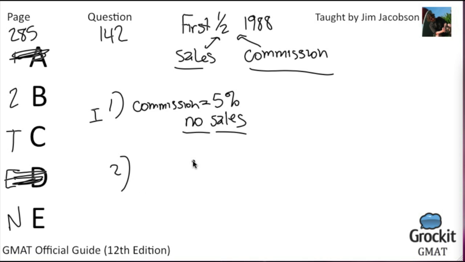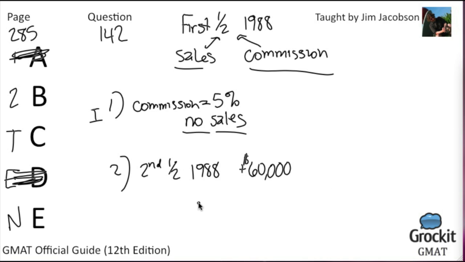Statement 2. The amount of Jean's sales in the second half of 1988 averaged $10,000 more per month than in the first half. Well, this tells us a little bit. It tells us that the second half of 1988, if she averaged $10,000 more per month, she got $60,000 more in sales in the second half.